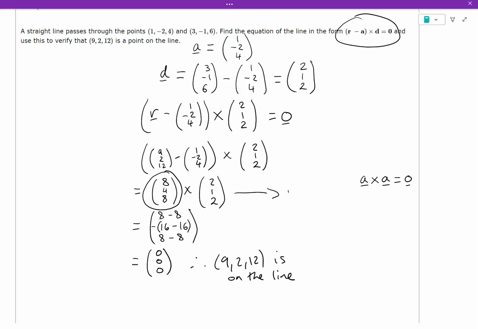So we have 4 times 2, 1, 2, cross product with 2, 1, 2. Here we have a vector cross product with itself, so that's going to be the zero vector times 4, which will also give us the zero vector. So that's another way we could have approached things without doing our cross product calculation.